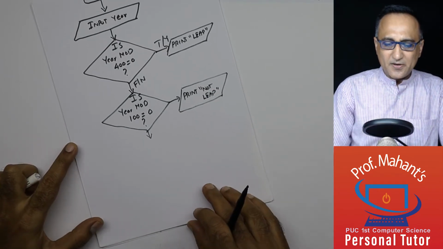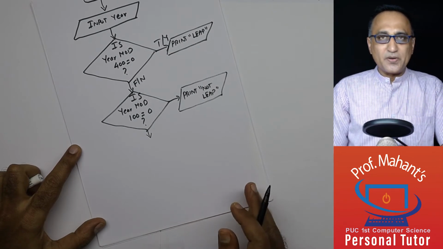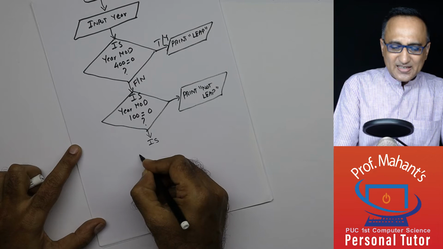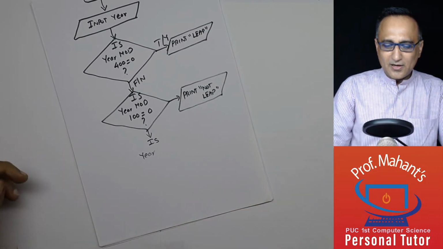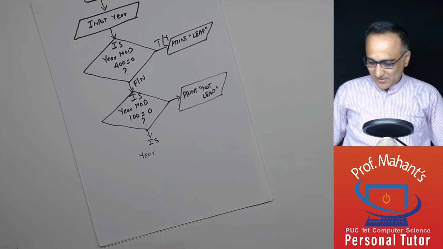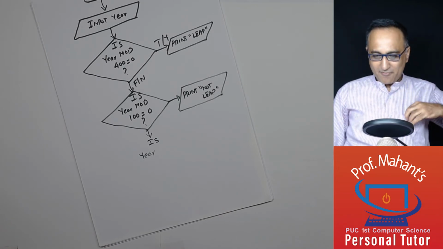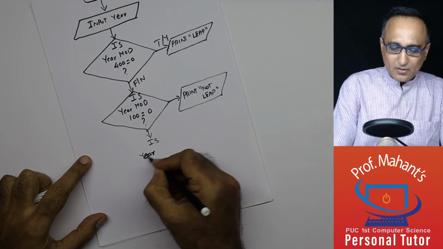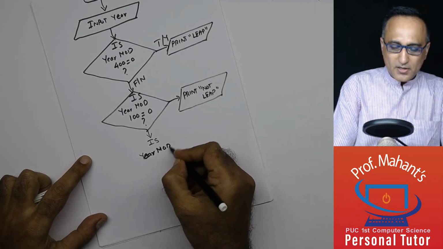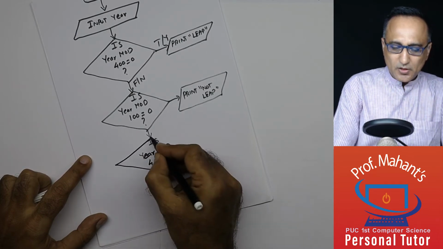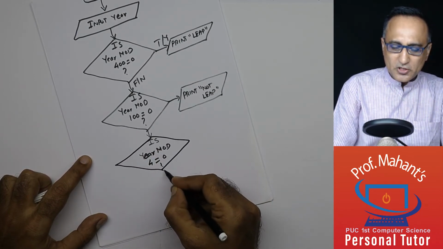Then I come here. Now it is very simple. Once I have processed the century years, I just need to check: is year mod 4 equal to 0?